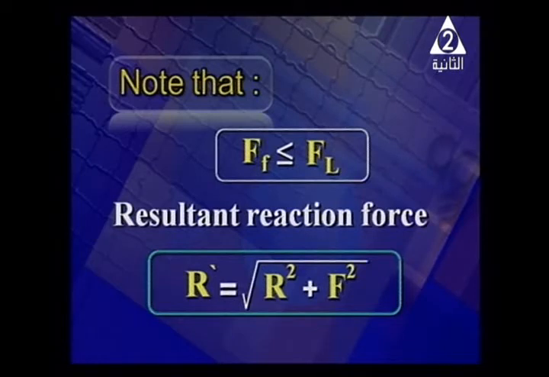When a body, dear student, is put on the table, the body acts on the table by its weight. Every action has a reaction equal in magnitude and opposite in direction. Dear student, Newton's third law says every action has a reaction equal in magnitude and opposite in direction. If the body is put on the table, the body acts on the table by its weight, and the table acts on the body by a force.